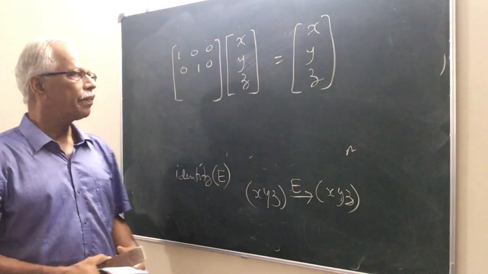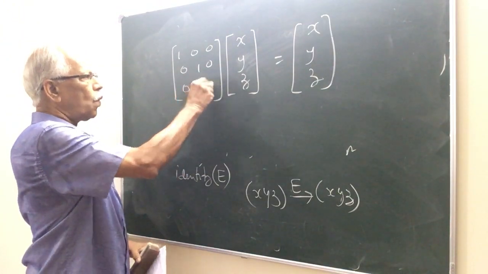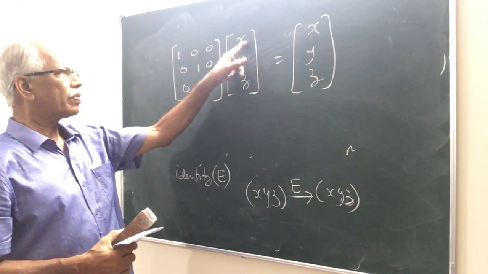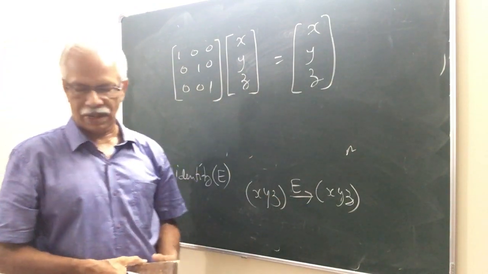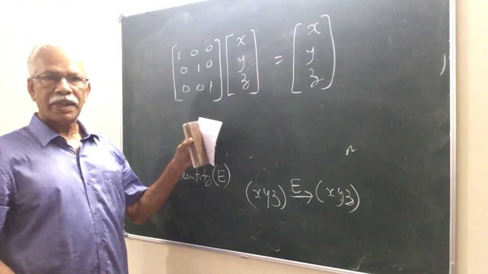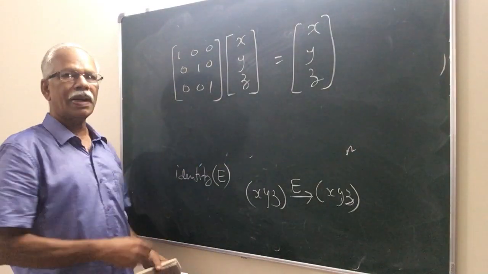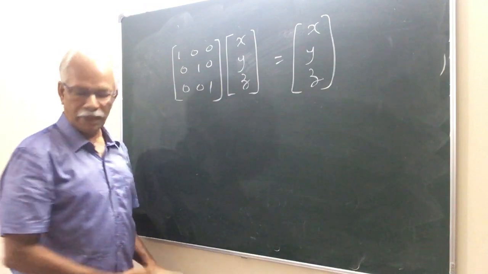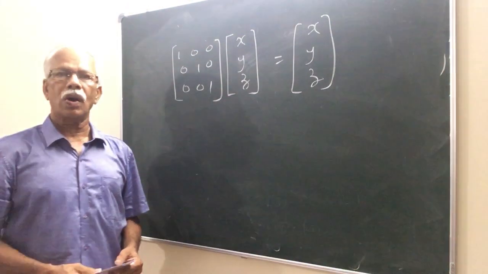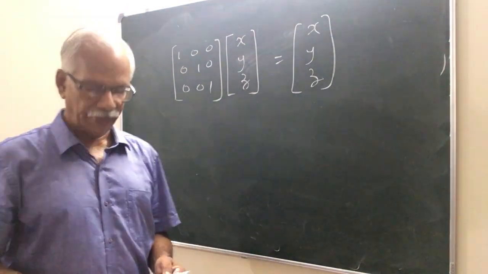And the last will be 0, 0, 1: 0 into x plus 0 into y plus 1 into z, and you are getting z. So the matrix created is a unit matrix of order 3. This is why unit matrices are also called identity matrices.